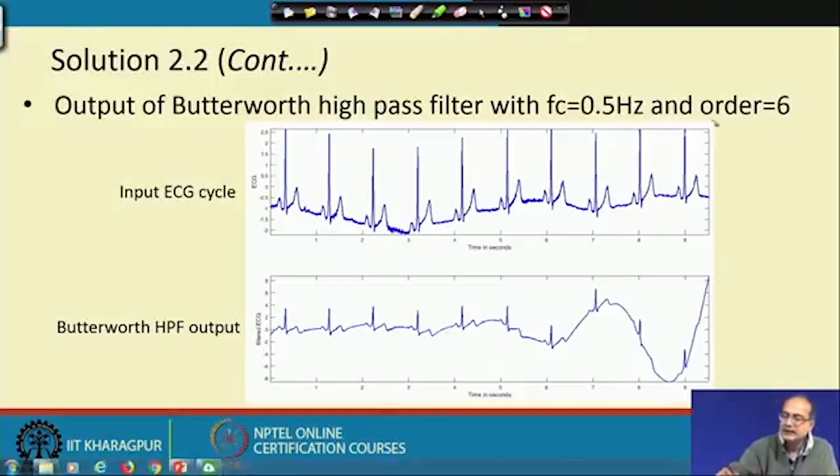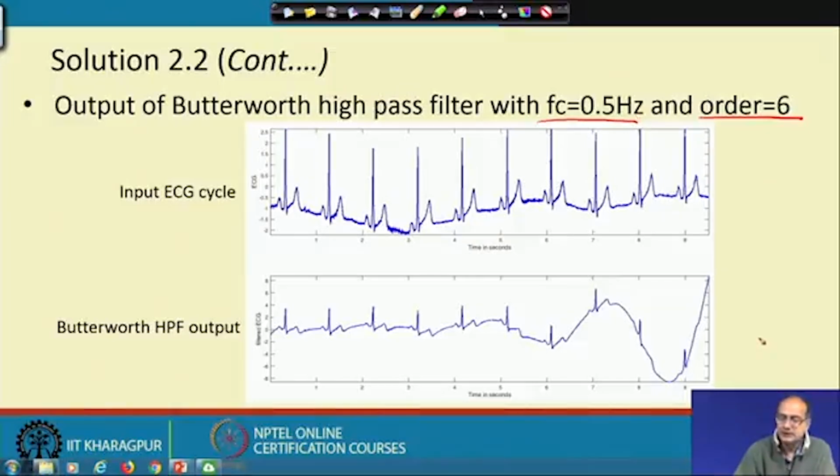What is tried is that the model order has been increased further to 6, and the cutoff frequency is set to 0.5 hertz. Okay.